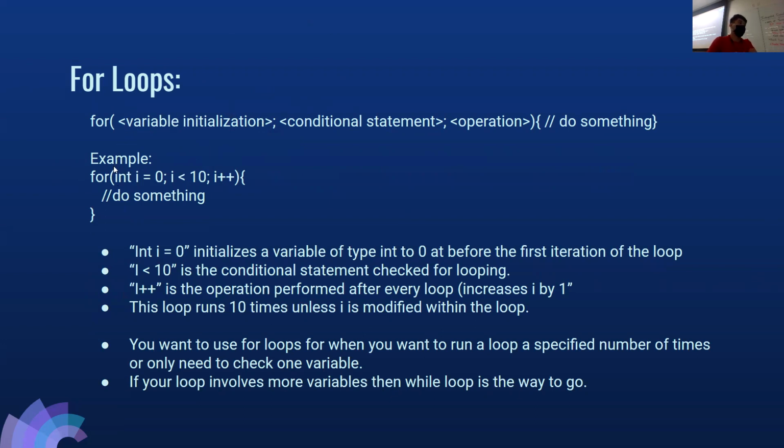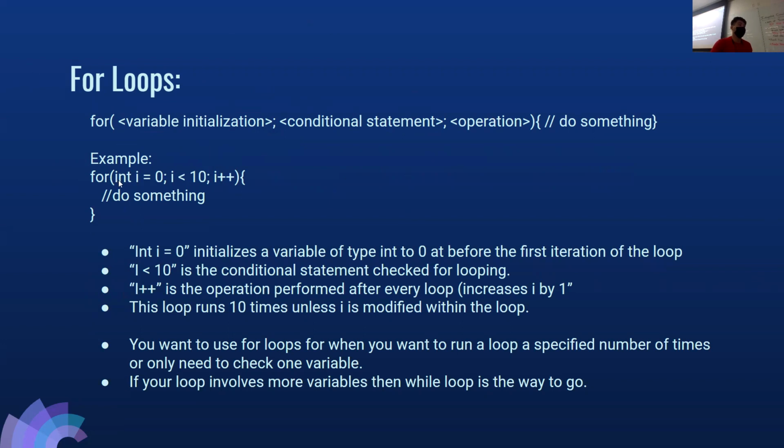In this case, it's going to initialize an integer named i to 0. Then you have the conditional statement, which is the same as for the while loop. That's the one that's going to be checking for the iterations. And then you have the operation that you want to do every time the loop ends.